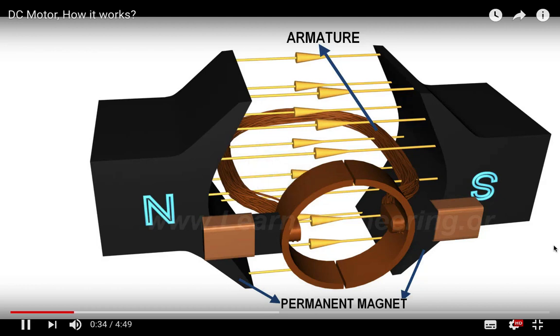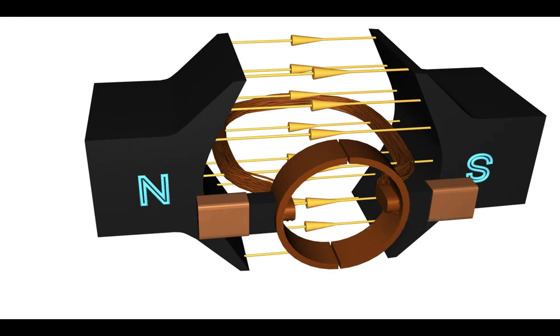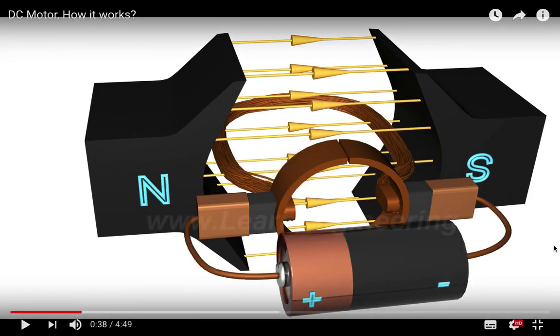The armature is connected to a DC power source through a pair of commutator rings. So what they're calling the armature is another name for the rotor that we're describing.